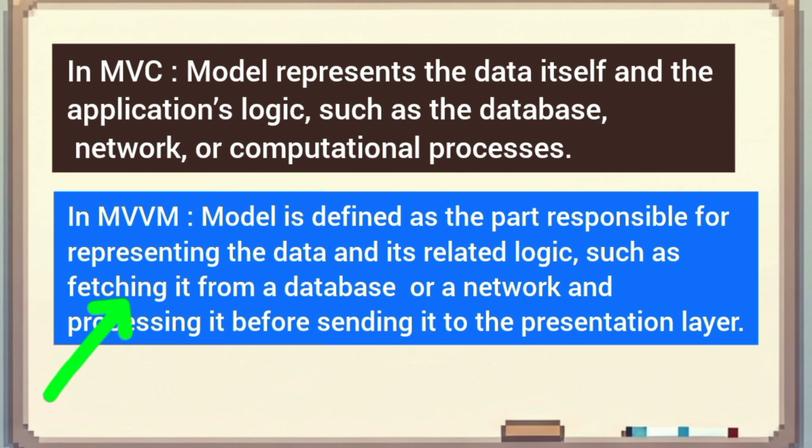Notice that we said fetching the data, which means the model in MVVM does not store the data by itself. Instead, it retrieves it from the data layer. Here lies the difference from the older MVC model, where the data layer was not separated.